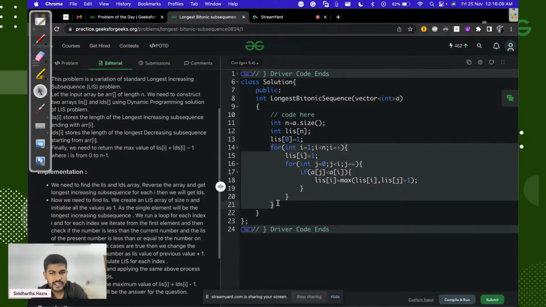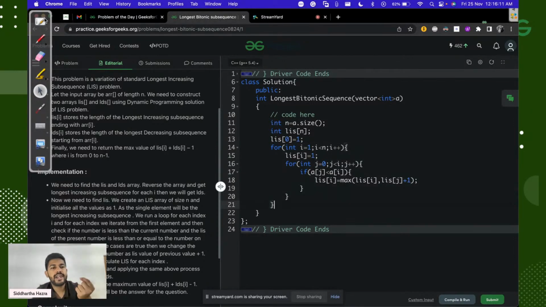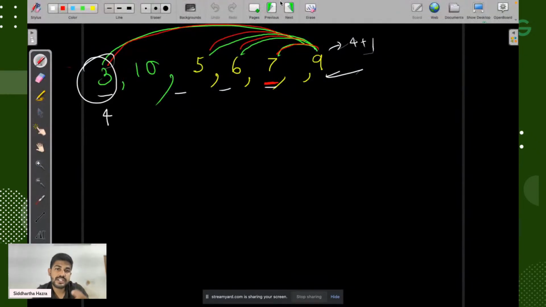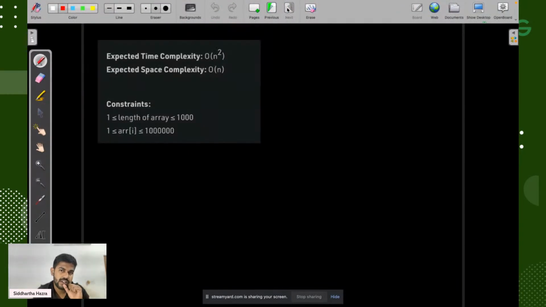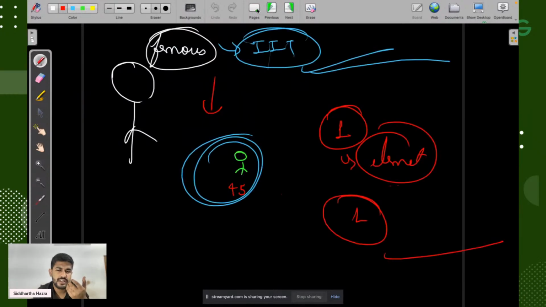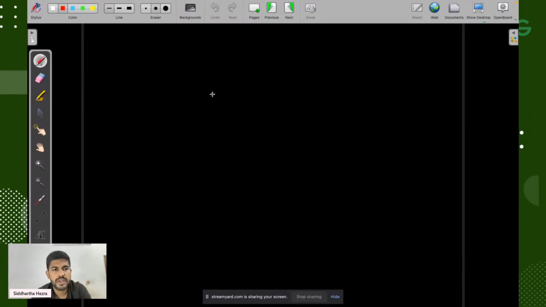Okay, this is done. Now suppose I want to find the longest decreasing subsequence. So I can just do the opposite of it. How? Longest decreasing means that suppose I have here something like 9, 7, 5, 4, 3, 2, and then suppose here 7 is already there.